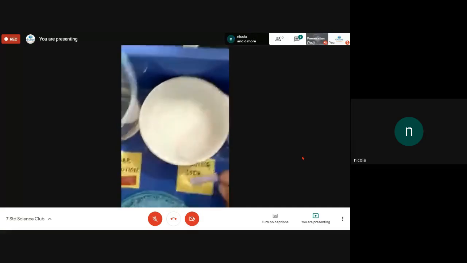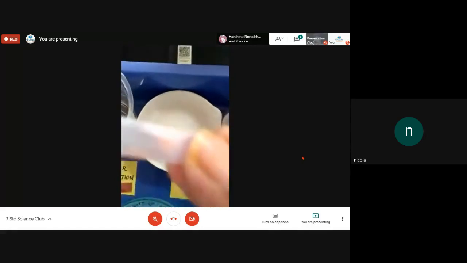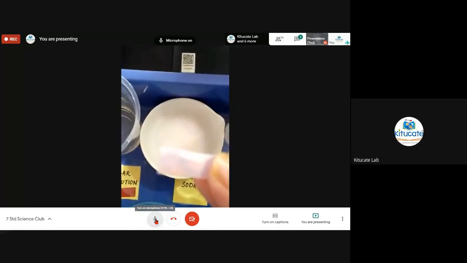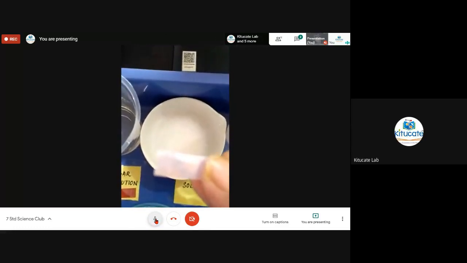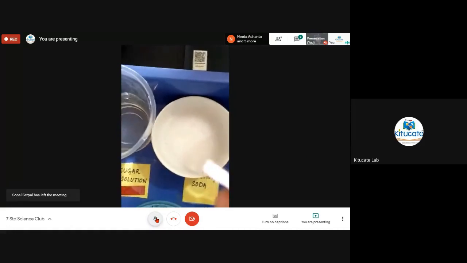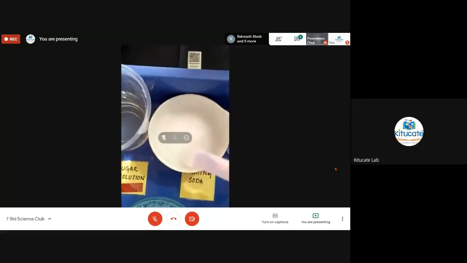This is washing soda, and this is blue litmus paper. The blue litmus paper is not dark blue; it is a very, very faint blue.